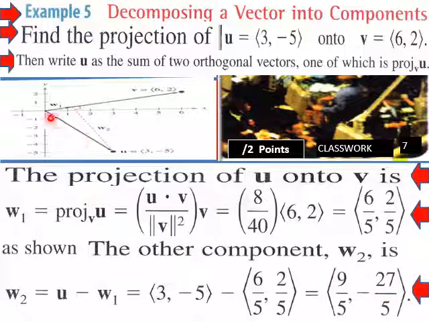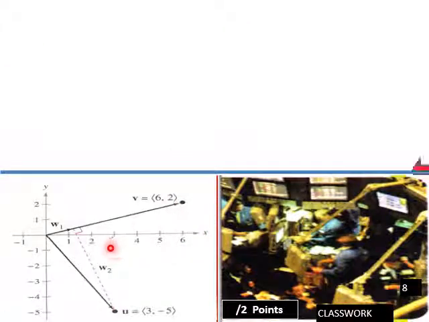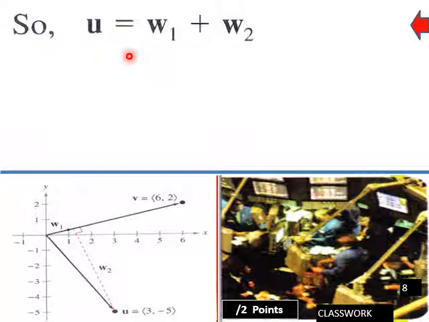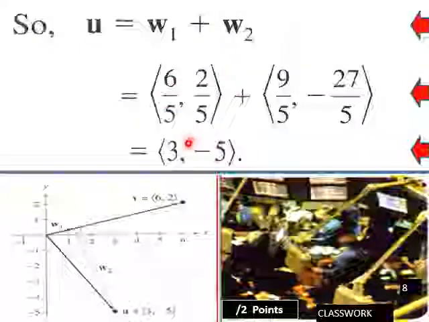So we have our W1, and then we have our W2 here, which is perpendicular to W1. So there's that diagram again. So U equals W1 plus W2, remember? So when we add our W1 plus W2, we get 3 and negative 5.